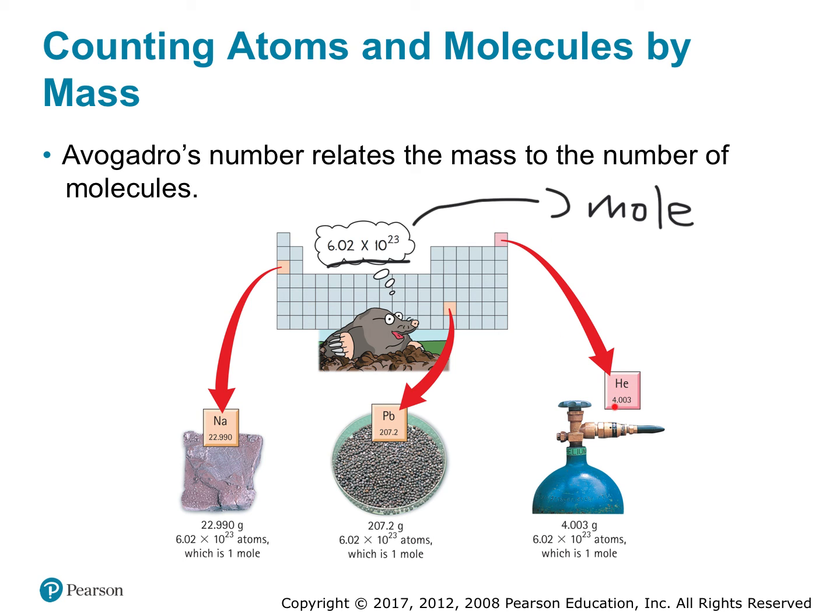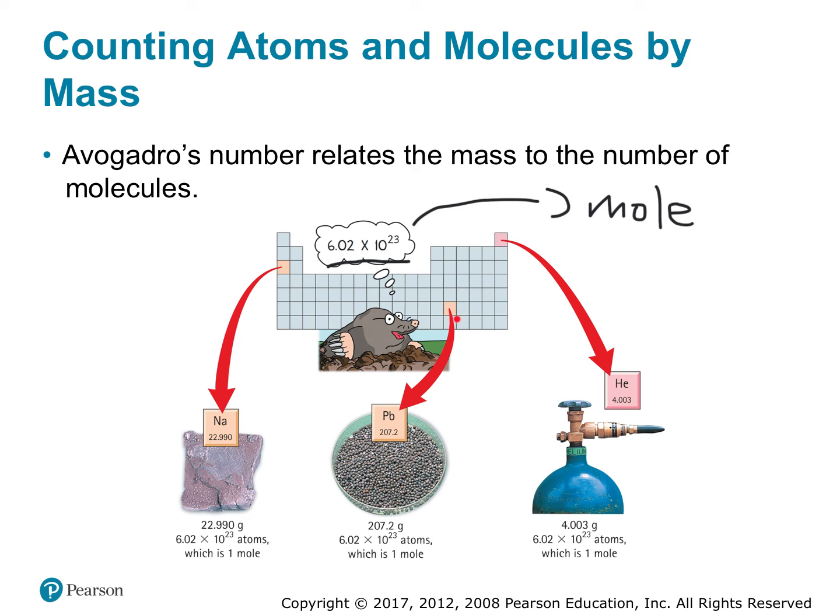Helium has an atomic mass of 4.003. Now, if I measure out 4.003 grams of helium, that is the amount of helium that contains 1 mole of helium atoms. So 1 mole of helium atoms has a mass of 4.003 grams.